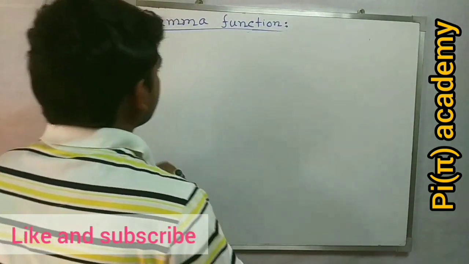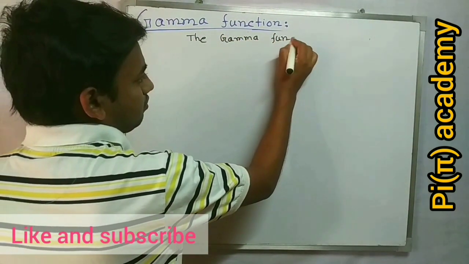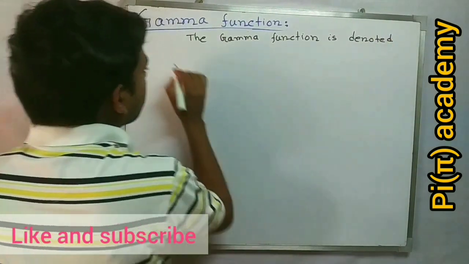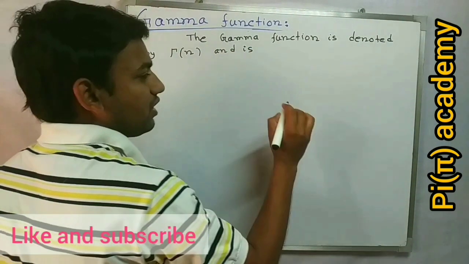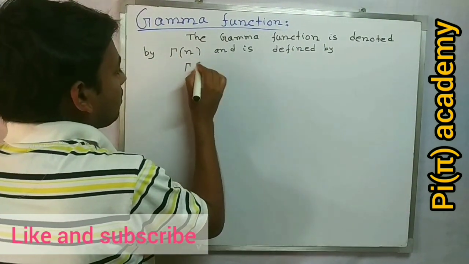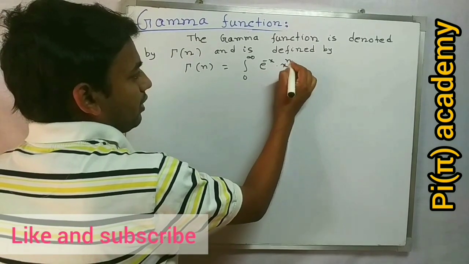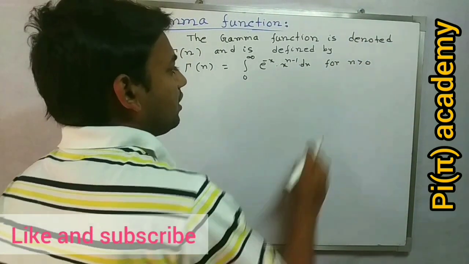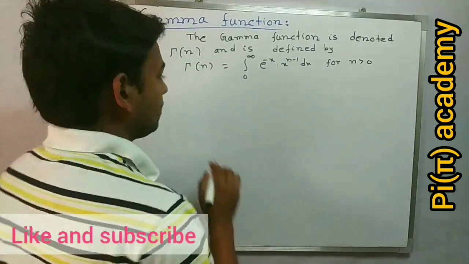The definition of the gamma function is that the gamma function is denoted by gamma n and is defined by gamma n equal to the integral from 0 to infinity of e to the power minus x, x to the power n minus 1, dx, for n greater than 0.